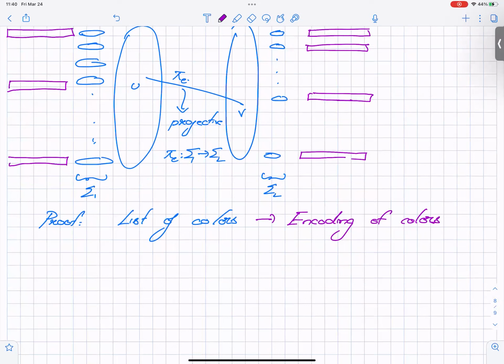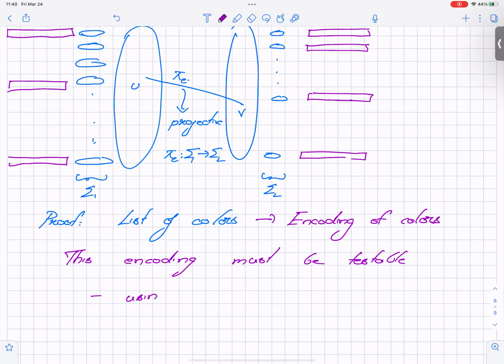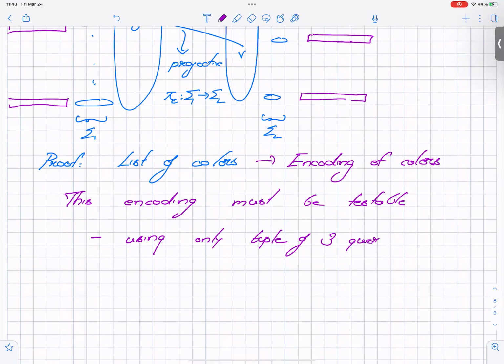And what do we want of this encoding? This encoding must be testable, firstly using only a tuple of 3 queries, and predicates of the form X or Y, or you query the 3 queries and just decide whether those 3 queries XOR to this bit.